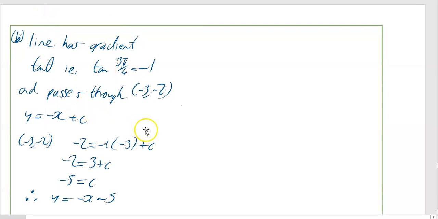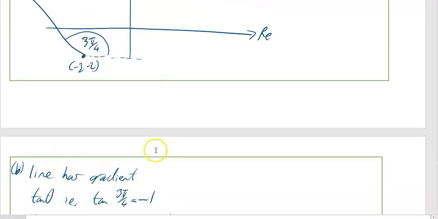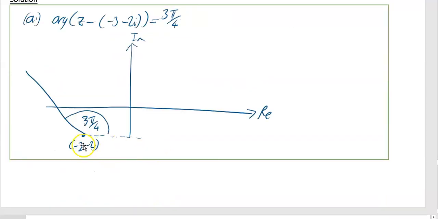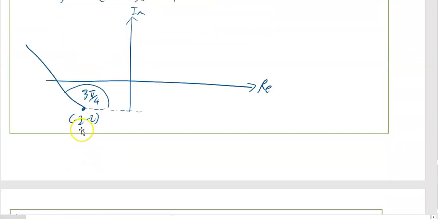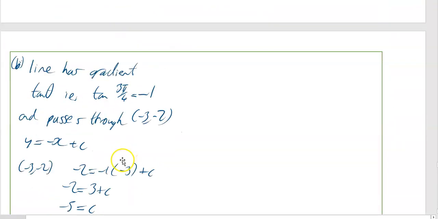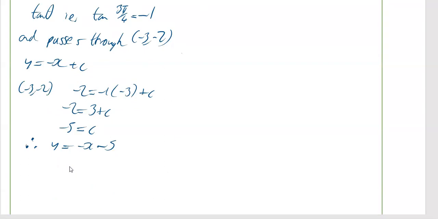Okay. The other restriction on this, folks, is we have to say that your x has to be less than minus 3. So this line doesn't continue all the way through. The equation of this line is definitely y is equal to minus x minus 5, but it doesn't exist over here. So we'll also have to put a wee restriction on it to say and x is less than minus 3, and that's it done.